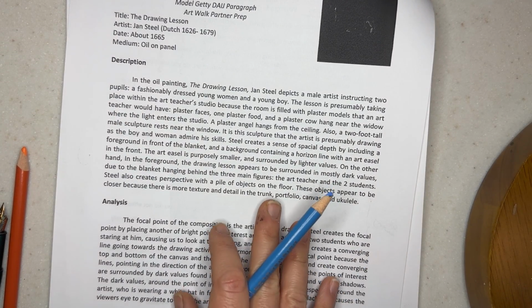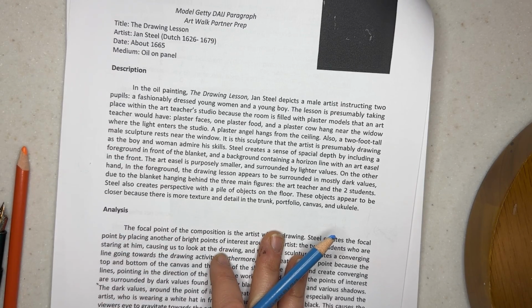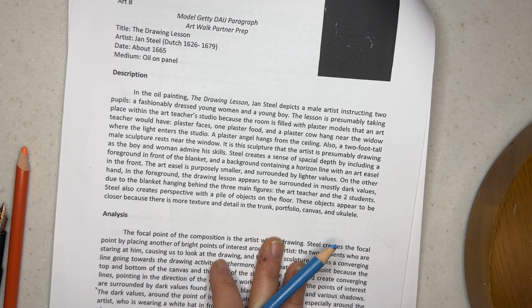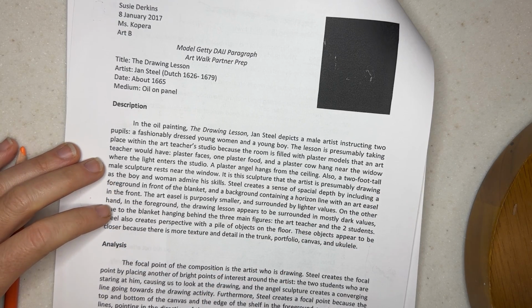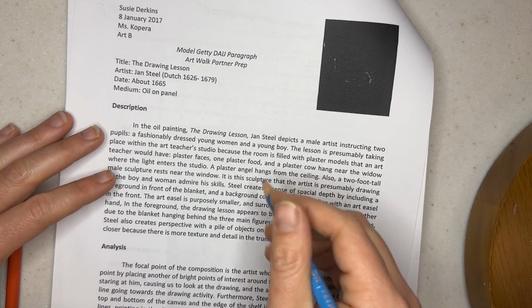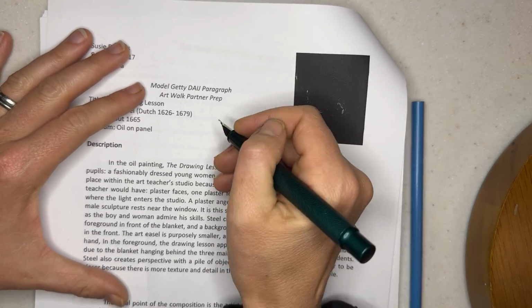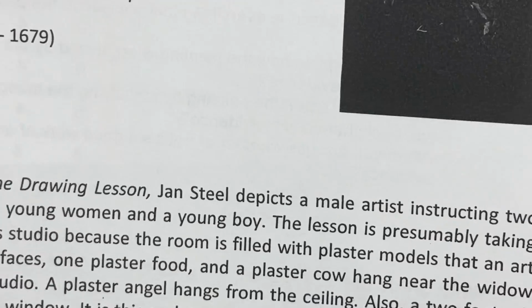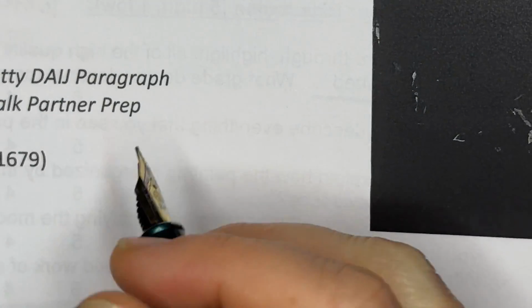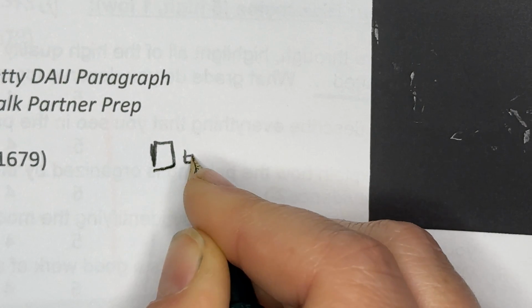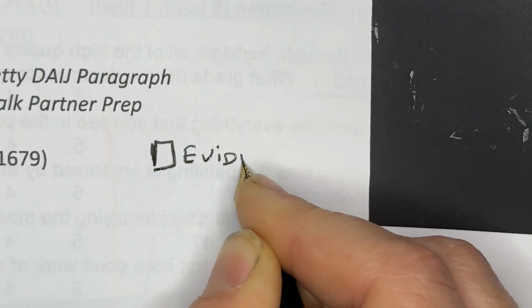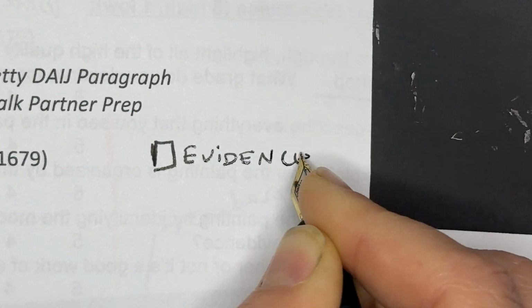So when I'm looking at an exemplar with students, I like to divide the essay into 2 sections. So let's make a little key. Evidence: now that's anything that is a fact.